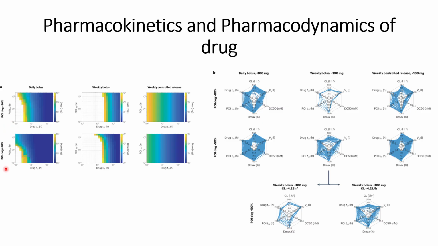The bottom one is about the protein of interest with greater than 50% degradation. Here at this point, 50% of the protein is degraded. We can see that when it comes to 50%, the values significantly increase, meaning that the amount of drug required to reach 50% degradation of the protein of interest is slightly high.